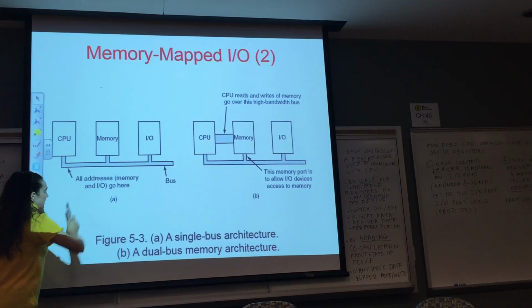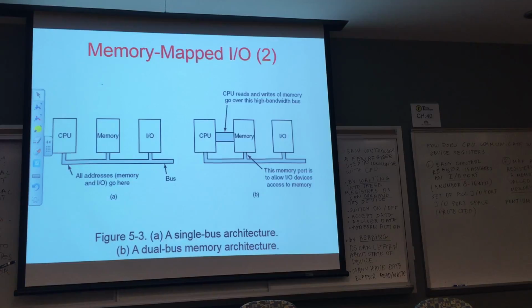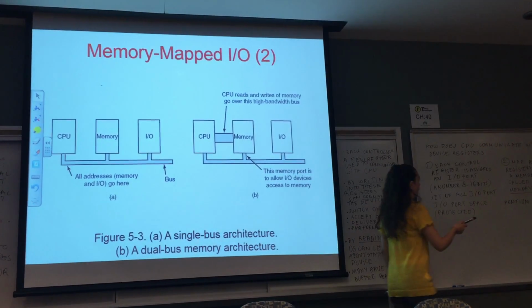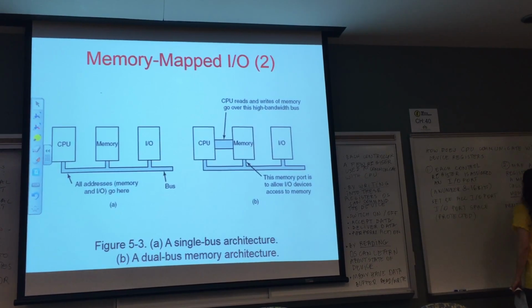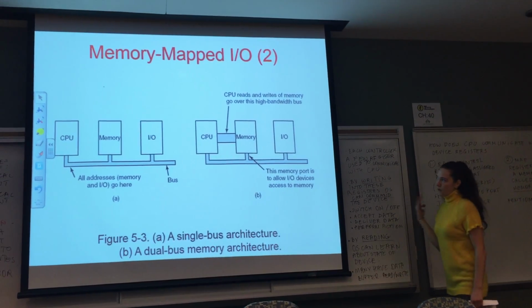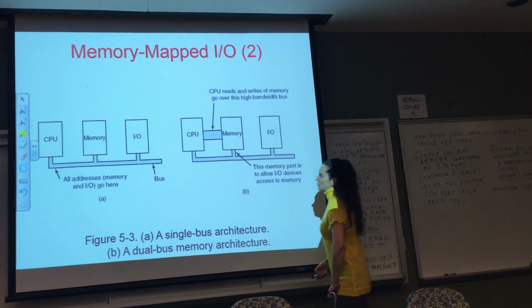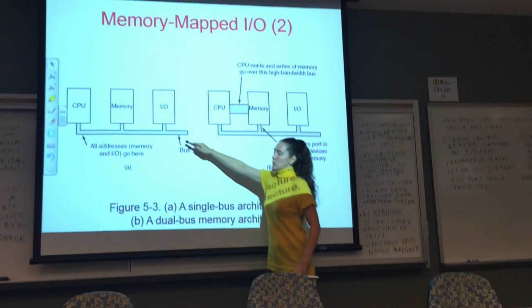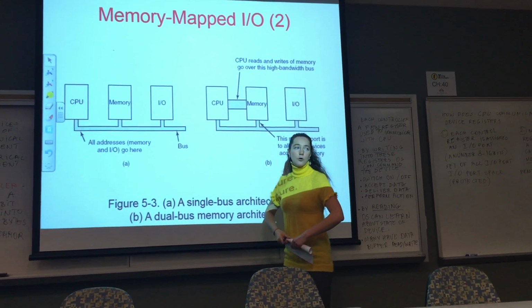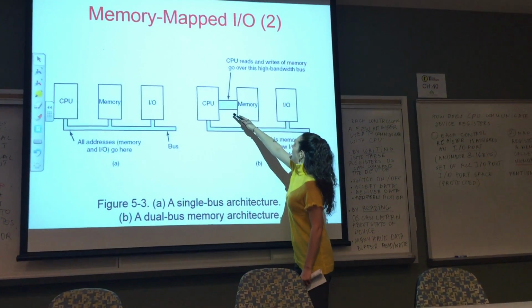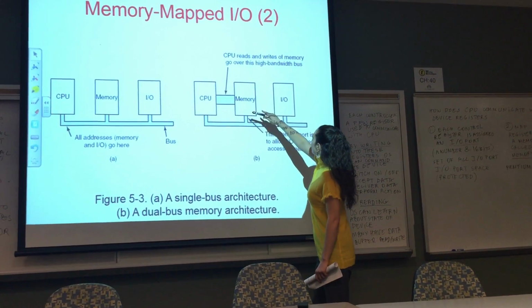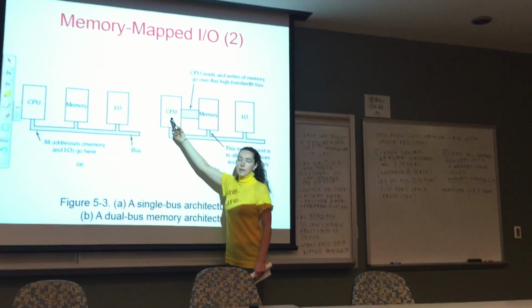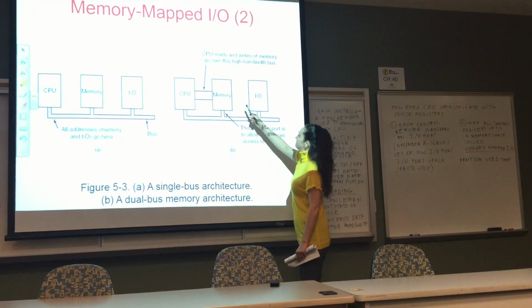go through the bus. So let's say we're using the memory mapped approach, memory mapped IO. So we have mapped these IO controller registers into the memory. Instead of going through the bus, which could be slower because there's a lot of things going through the bus, we could have a dedicated high-speed bus that goes directly from the CPU to the memory.